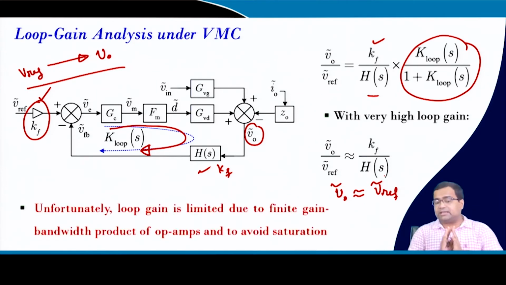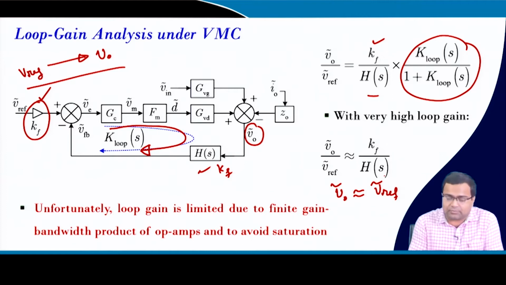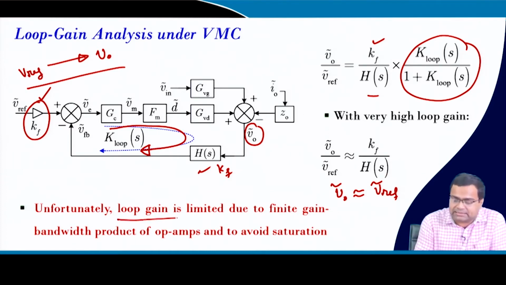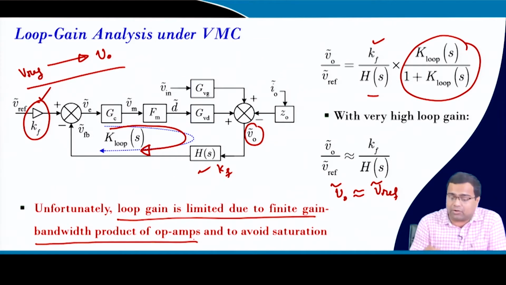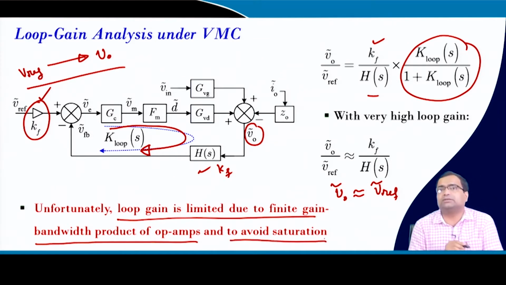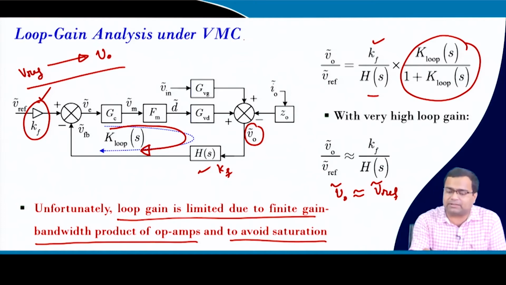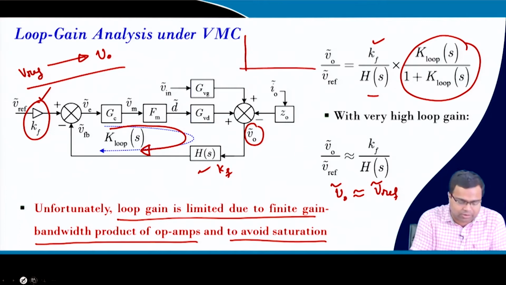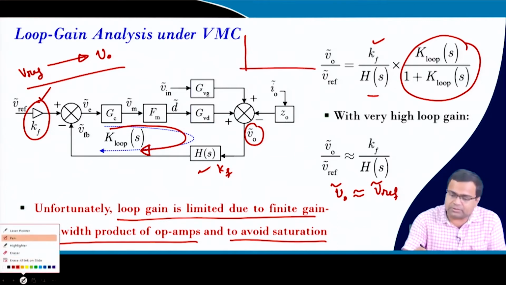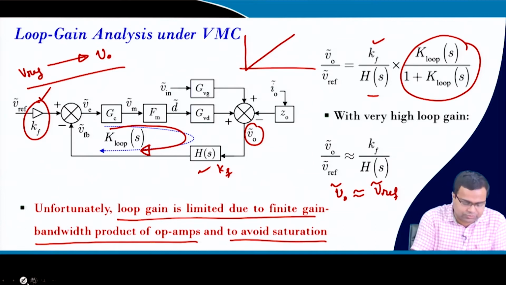That is not possible because our op amp loop gain is limited due to the finite gain bandwidth product of the op amp, and also we need to avoid saturation. If you increase the loop gain, it may so happen that the control voltage, because ultimately there is a PWM modulator block, what does it do? There is a sawtooth waveform, right?